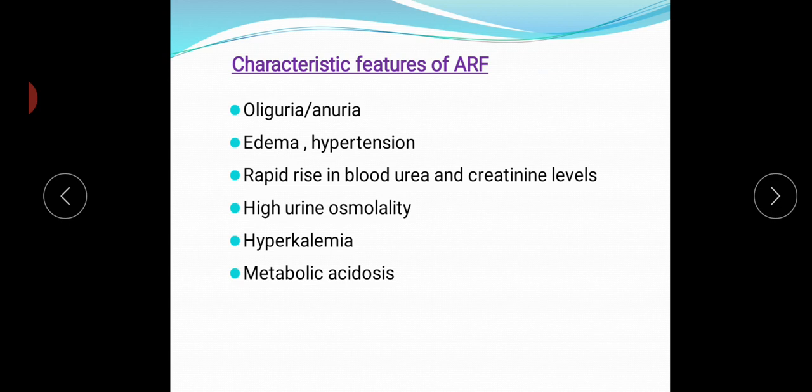If you test the blood, the serum urea or serum creatinine will be higher than normal. Then high urine osmolality, hyperkalemia, and metabolic acidosis. So these are the characteristic features of acute renal failure.